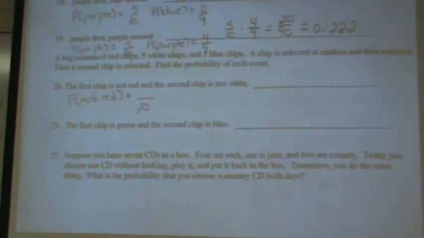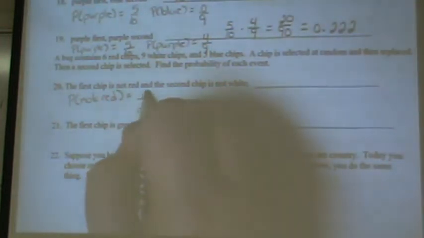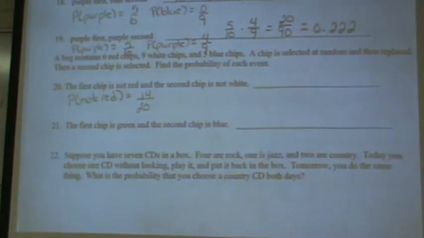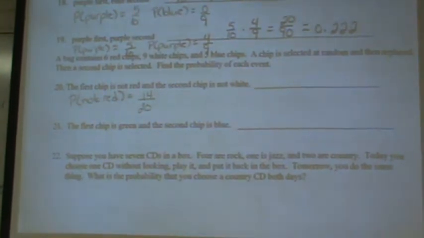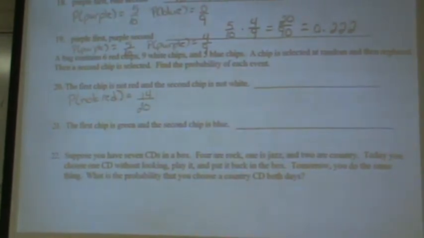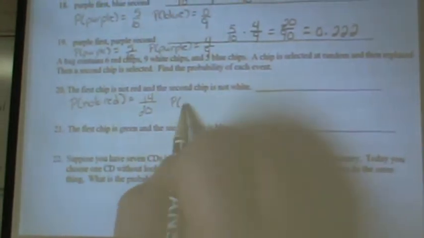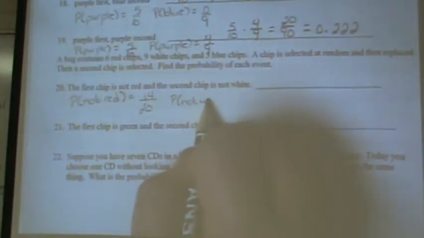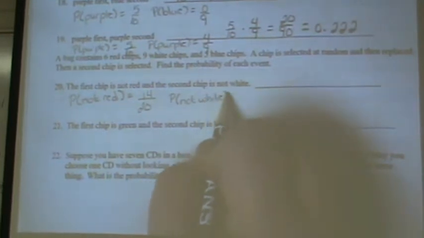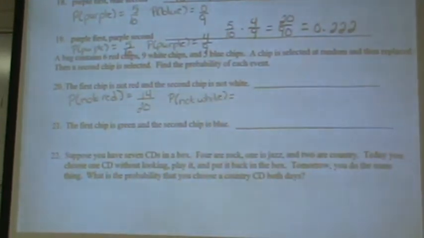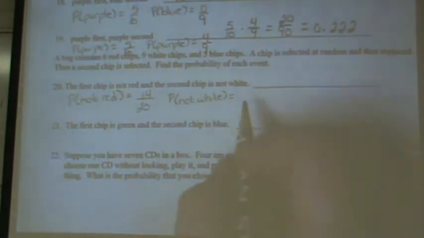So we have 9 white chips that it could be and 5 blue chips that it could be. So we have 14 chips that aren't red out of our 20 chips total. And then we want our second pick to not be white. So again, these are independent events, so we've put the chip back.